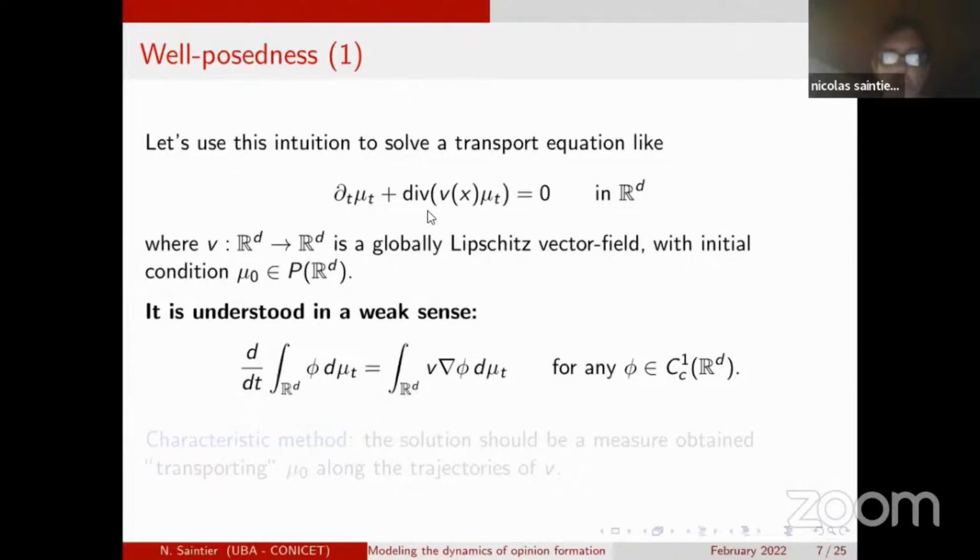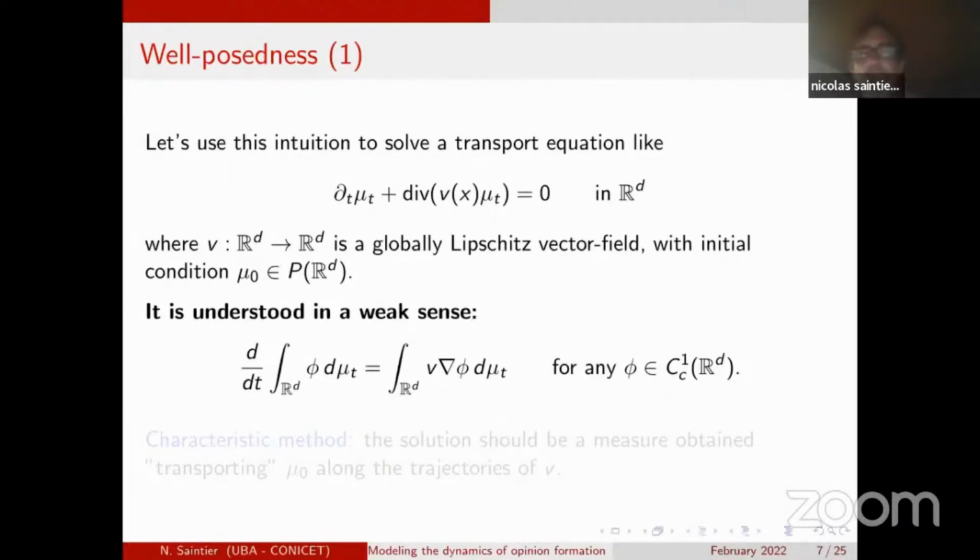So let's come back to the transport equation, but now in the measure setting. This means that my initial condition is a probability measure. It could be a measure in general, not necessarily a probability measure. There are small changes to make at some point. I will just say a word about that later, but it's no big deal.